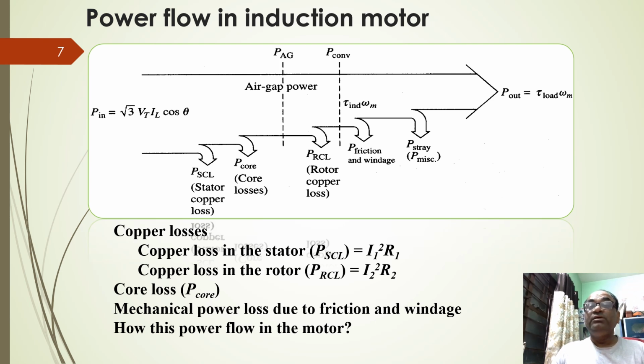That converts to the torque, and the mechanical power is lost due to friction and windage. That is how power flows in the motor. So that is the complete picture of the power flow from the stator to the rotor side, and mechanical power is available on the shaft of the motor to rotate the load.